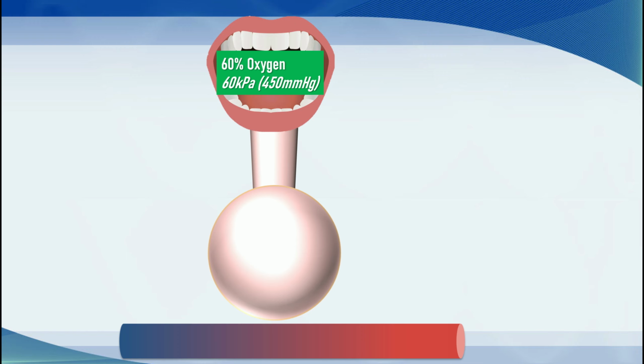That oxygen passes through the lungs that are diseased, and there is significant ventilation perfusion mismatch and shunt. Consequently, the arterial oxygen tension is only 8 kilopascals or 60 millimeters of mercury. Clearly, this is a significant ramp between the inspired and the arterial oxygen tension.